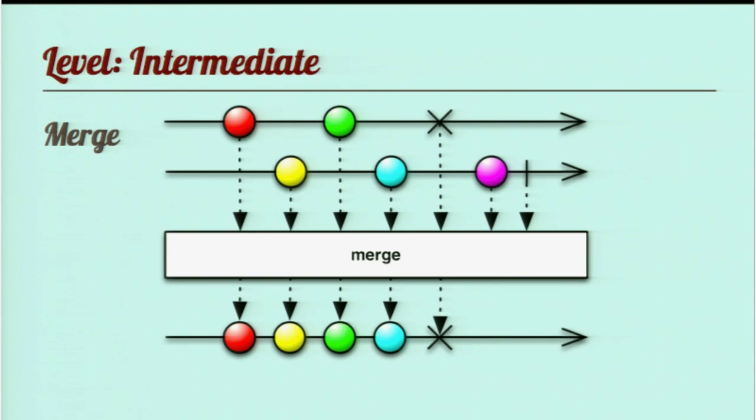Intermediate is merge, and we kind of saw that before, right? Merge as well takes 2 input observables, and it will emit items from the 2 as they come in. So if observable A emits 1 item, and immediately after observable B emits its first item, what we'll get as an output is the item from A, then the item from B. They are mixed in the output.